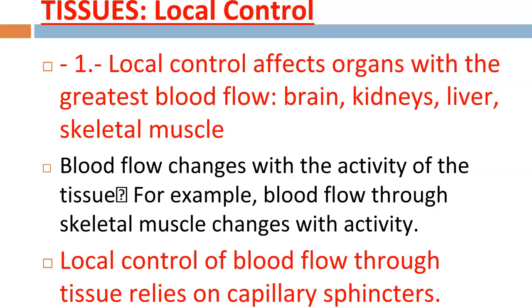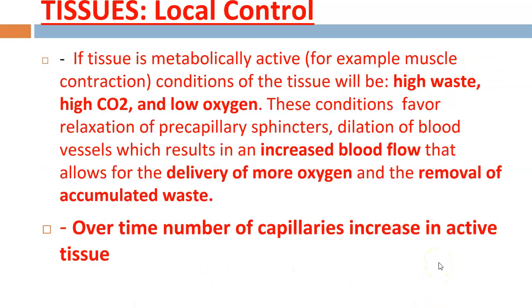If the tissue becomes very active, blood flow increases. If the activity of the tissue diminishes, blood flow decreases. This is done through the capillary sphincters in the capillary beds, which can constrict or dilate to accommodate the blood flow to the tissue.